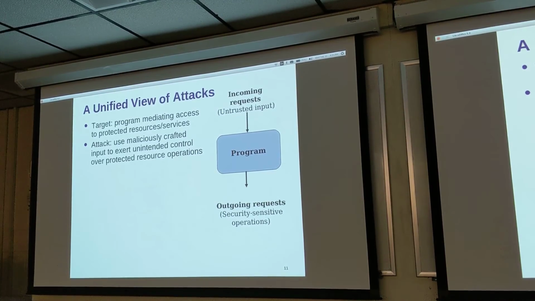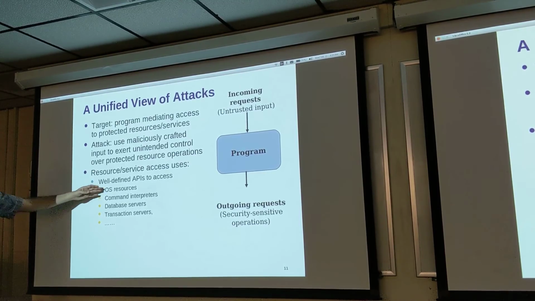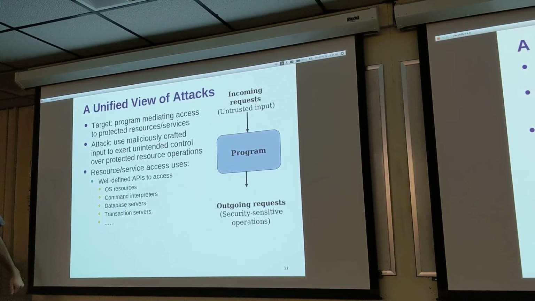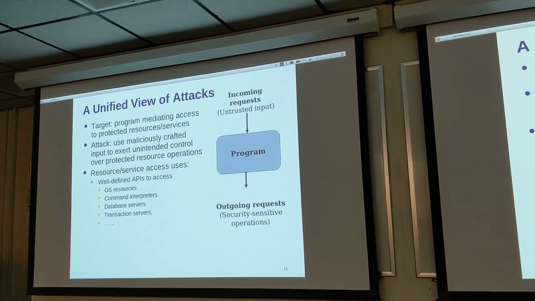You can think of the sensitive access as access to files on the operating system, command interpreters, database servers. Those are all sensitive accesses that this program has access to, whereas the untrusted user can only access the program. They cannot directly access any of these sensitive services.